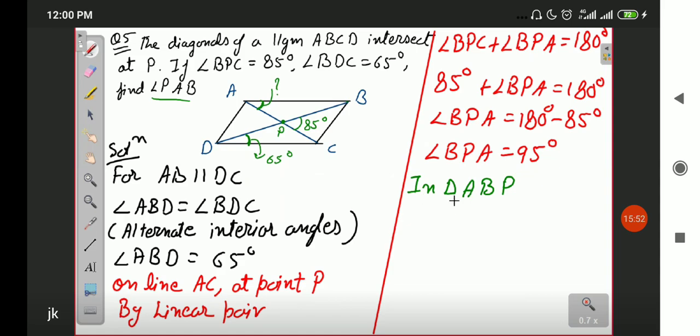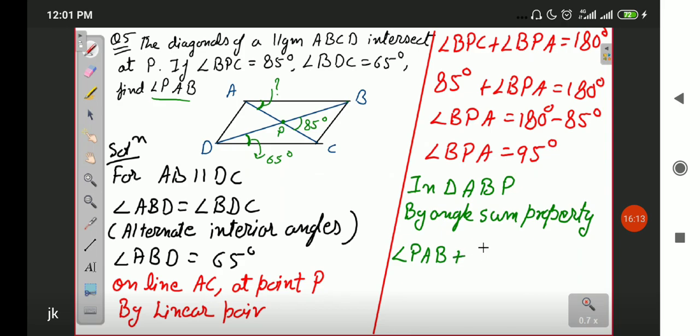In triangle ABP, by angle sum property of a triangle, you have angle PAB, that we have to determine, plus angle B, what we determined as 65 degrees, plus angle P, we determined angle P is 95 degrees.